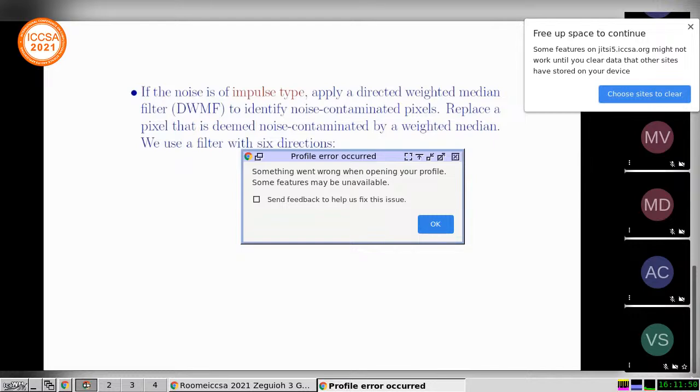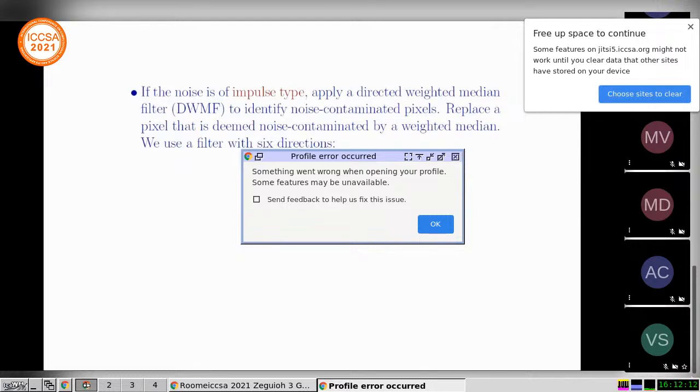Say we are in the middle, and then we look at a neighborhood here. We look at weighted medians, and we try to use those to decide if the pixel in the middle is contaminated by impulse noise or not. If it's not, then we leave it. If it is, we replace it by a weighted median.